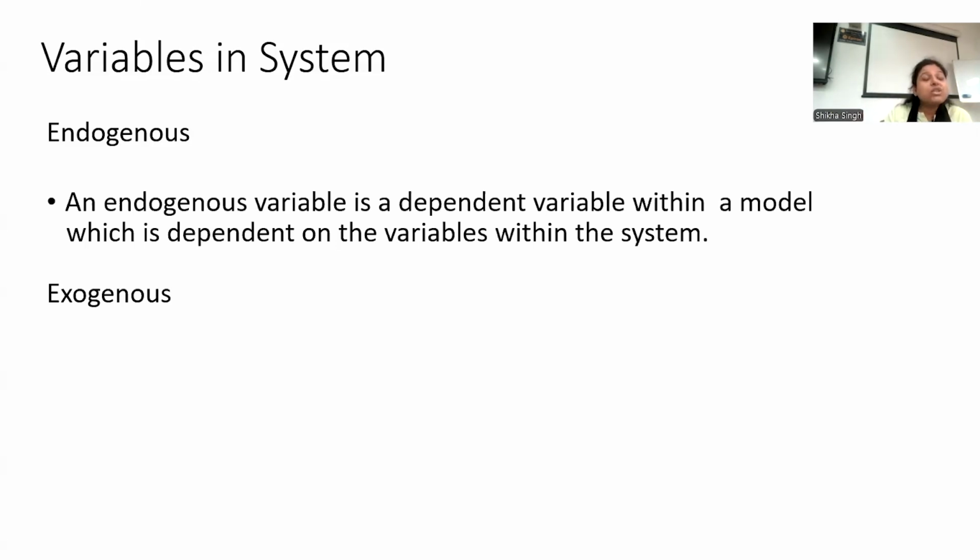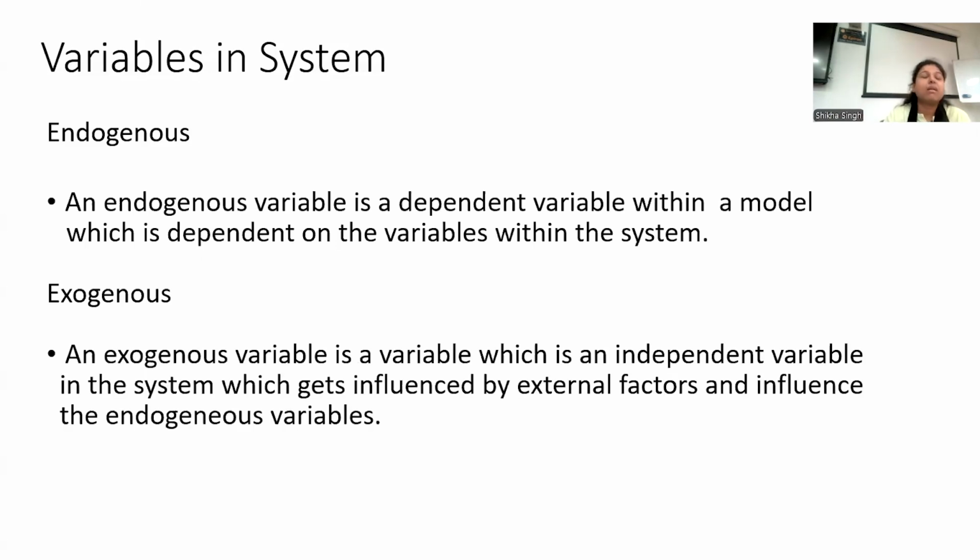When I'm talking about exogenous, it is a kind of independent or external variable which is impacting my system's parameters or factors, right? It's a parameter or component or variable which is not generated within the system elements, that is controlled by external factors.